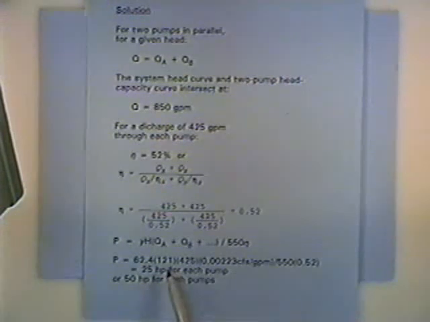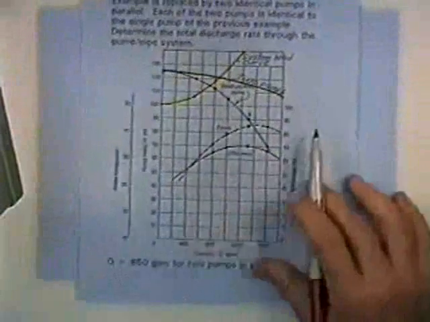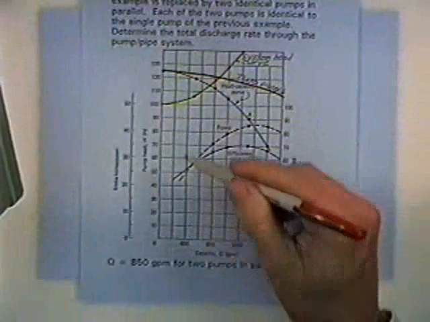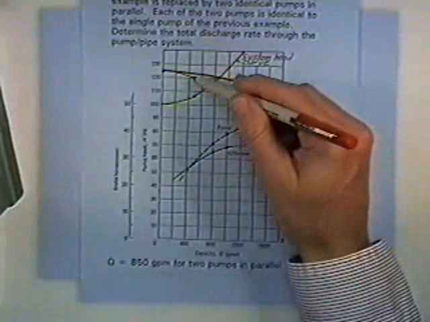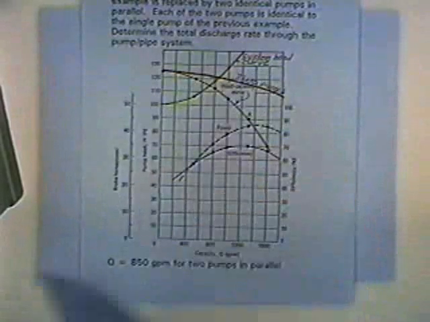I've done it for one pump, and for one pump we got 425 gallons per minute flowing through the pump. I need a head, and so I'll come over here and say 425 gallons per minute right in there, and I'll read up to this pump characteristic curve, and I'll get 121 feet for the corresponding head.